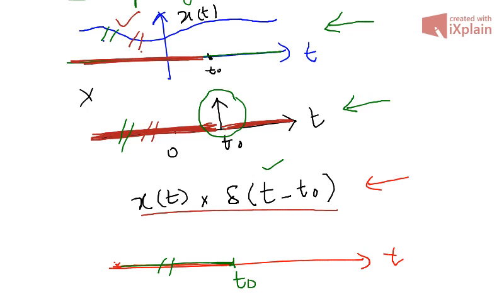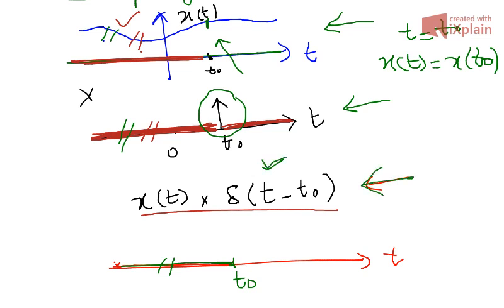And at t equal to t naught, the value of x of t is basically x of t naught, right? So this particular value would be multiplied with the delta function.